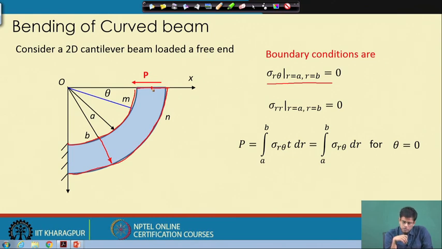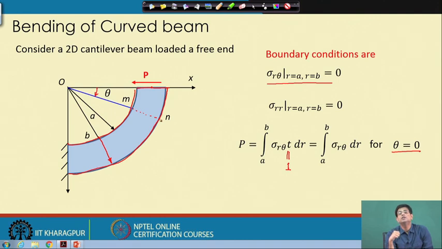The load P here is essentially the integral of sigma r theta dr, and, as in the previous case, we take it as 1, for theta equals 0. Remember, this is only for theta equals 0. Theta is measured from here.